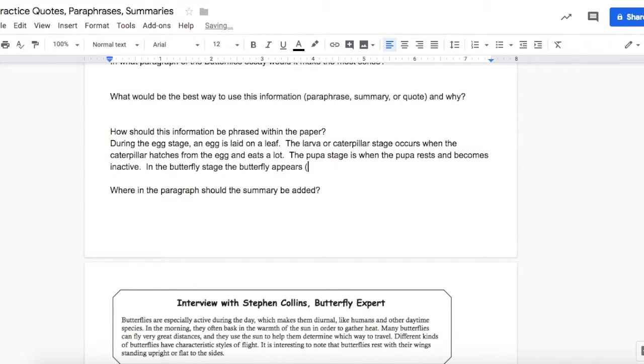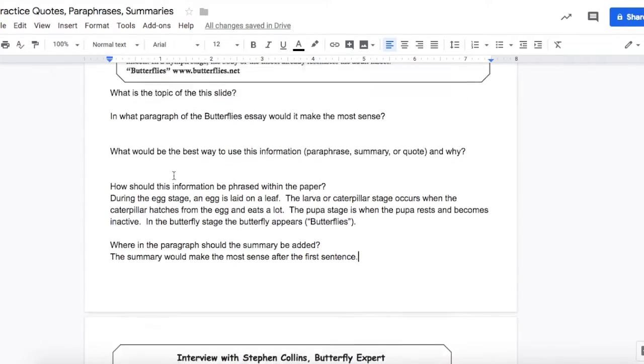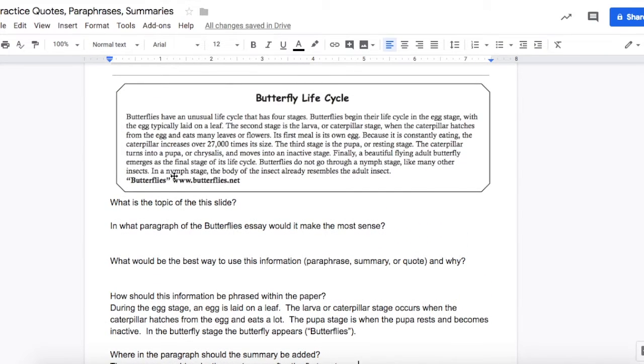And that's what I would put. But then I would need my citation if I were writing a real essay. We know that the title of our article is Butterflies. So we'd put in that internal citation after the first sentence. So my answer here would be that the summary would make the most sense after the first sentence. Okay? So that's how we determine where our summaries should go.